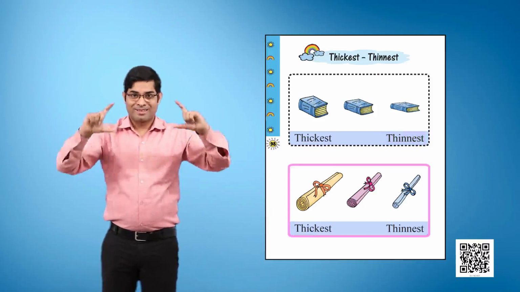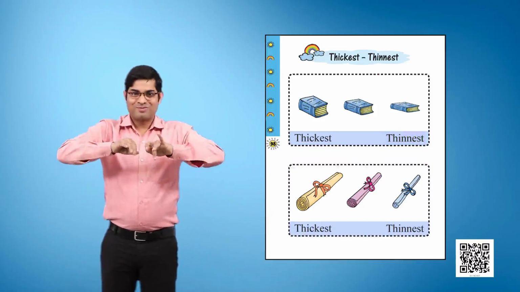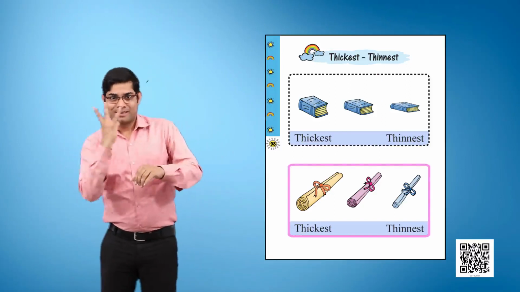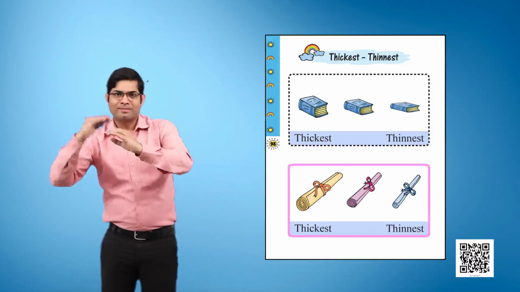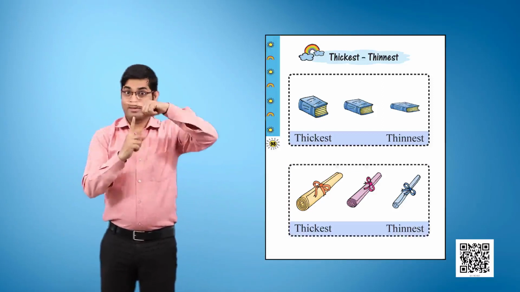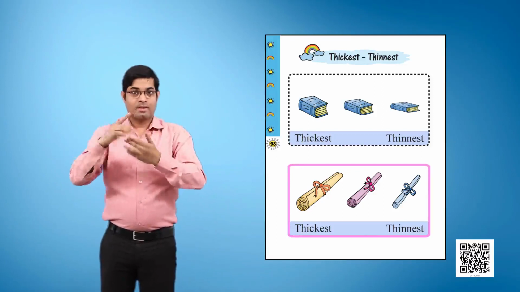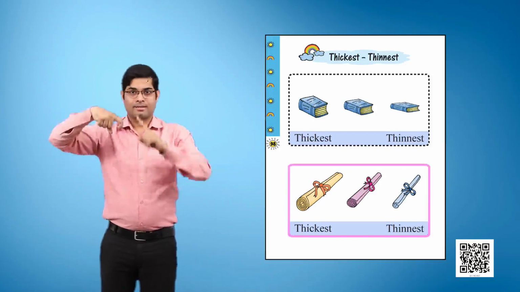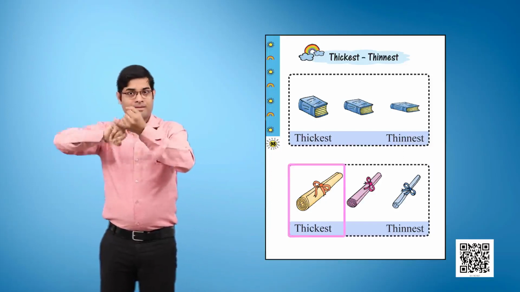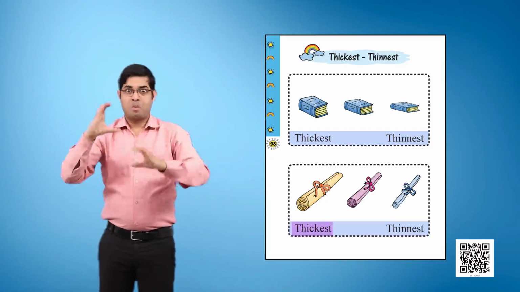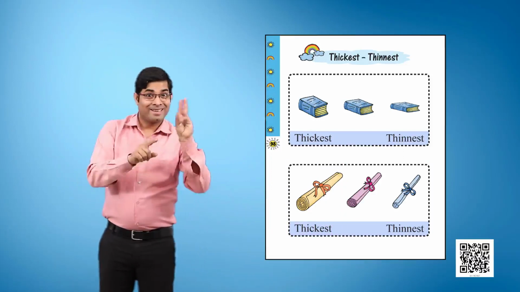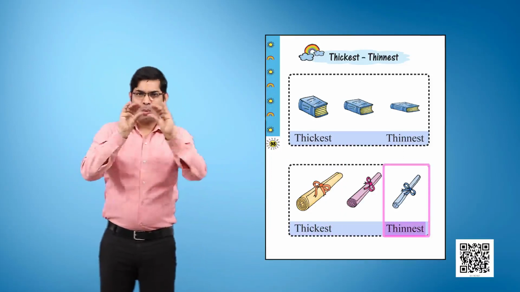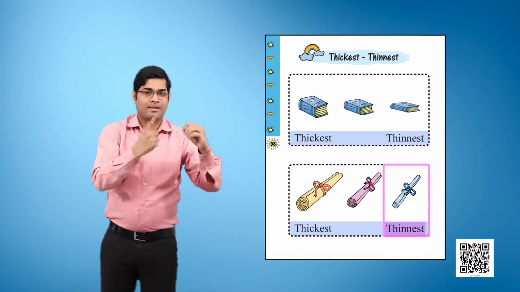Part 2 picture shows 3 paper rolls. The word thickest is written beneath roll 1 and the word thinnest is written beneath roll 3.